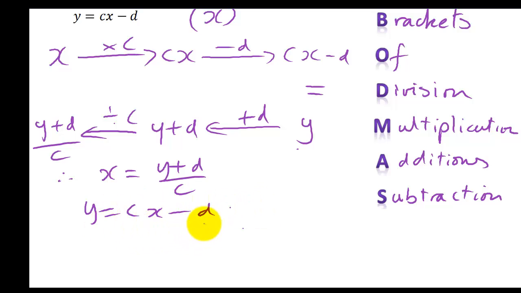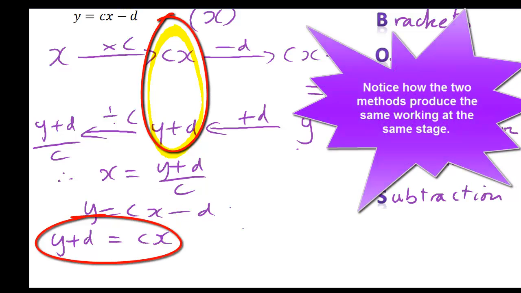Similarly with algebra. The first thing we undo is the minus d, and we do that by adding d to both sides. So we add d to this side and add d to this side, cancelling out the minus d to leave us cx equals y plus d. Notice that at this stage of the flowchart we had y plus d equals cx.